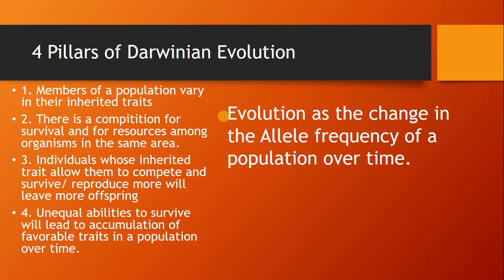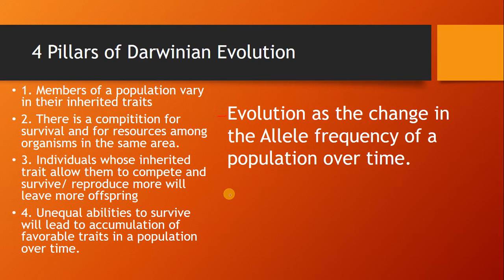At its very basis, microevolution is a change in allele frequency of a population over time. It doesn't have to be a morphology, doesn't have to be something visible or even beneficial, but any statistically significant change in the frequency of different genes or alleles in a population as time progresses is evolution.